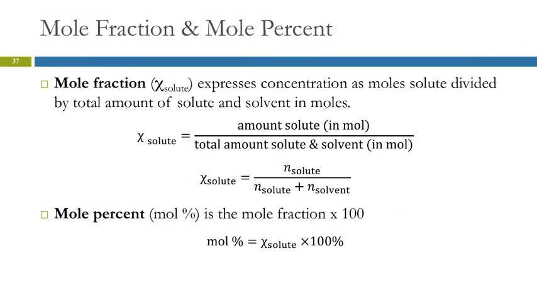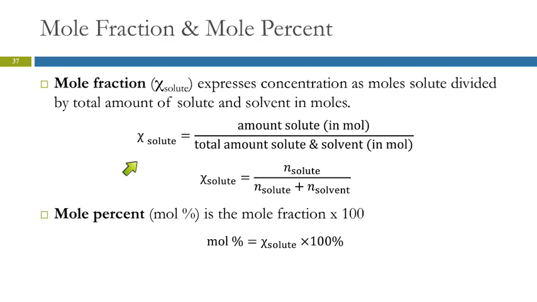Okay, mole fraction. Mole fraction has the symbol capital chi. So chi solute is the mole fraction of solute. This is like a percentage without the times 100. So it's the part divided by the whole in terms of moles.